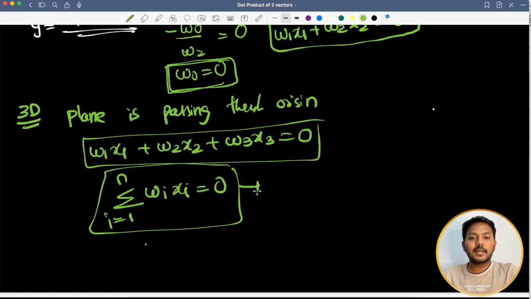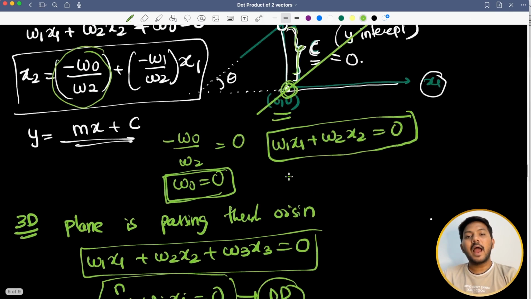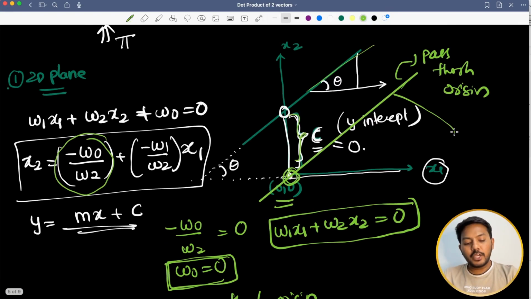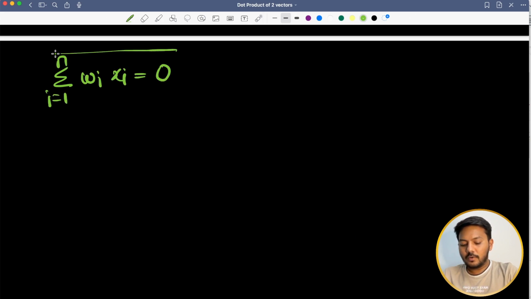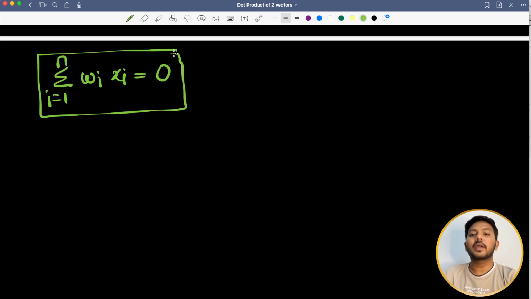So this is my generalized formula in n dimensions, in which a plane is passing through origin, and most of the time we assume the plane is passing through origin to make things simpler, so that we will understand the internal details more clearly. So what we have learned: sigma i equal to 1 to n wi xi equal to 0. So this is the equation of a plane that is passing through origin.